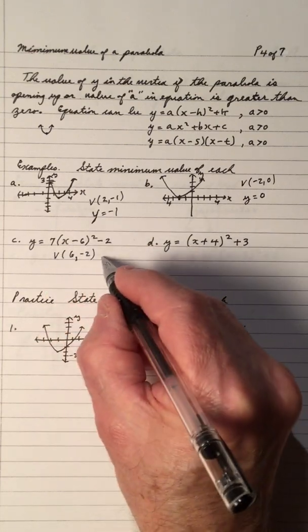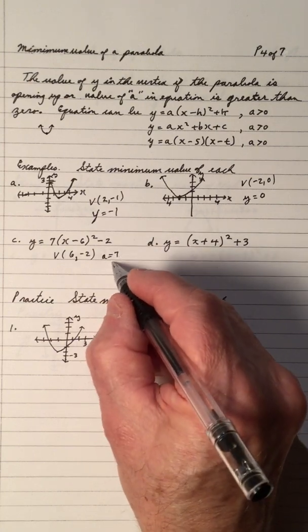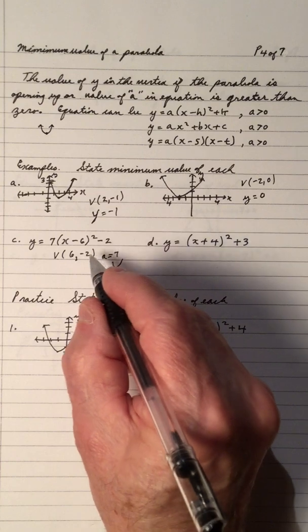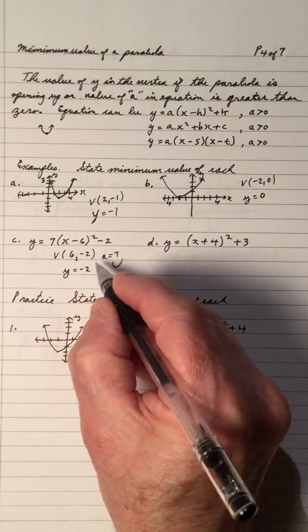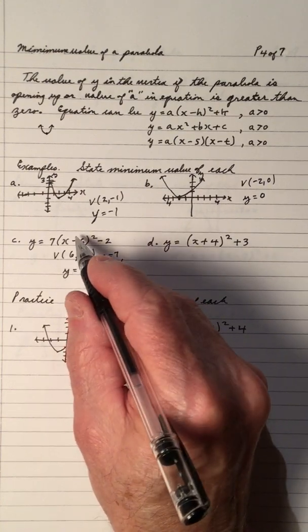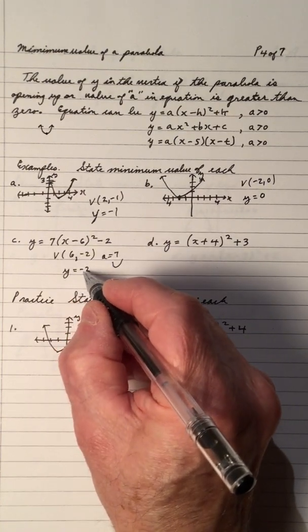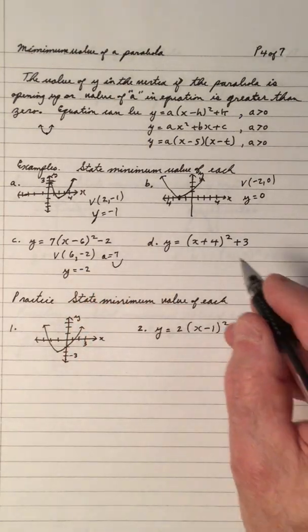And its A is 7, which means the parabola is opening up like this. That means the minimum point is the vertex. The minimum value of the parabola is y equals negative 2. The lowest value of this parabola is negative 2.